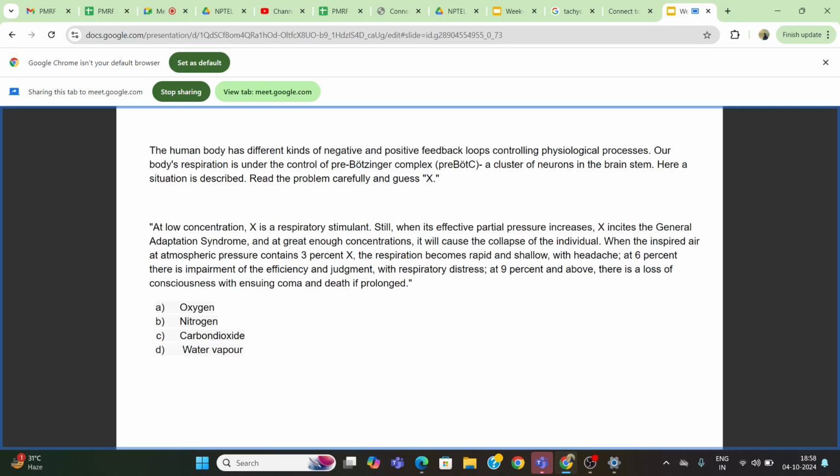At 6%, there is an improvement of efficiency and judgment, with respiratory distress. If it's 9% or above, then there is a loss of consciousness with ensuing coma and death if prolonged. So among oxygen, nitrogen, carbon dioxide, and water vapor, what is X? That is the question.